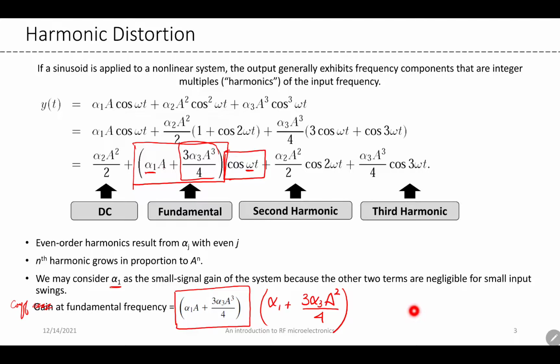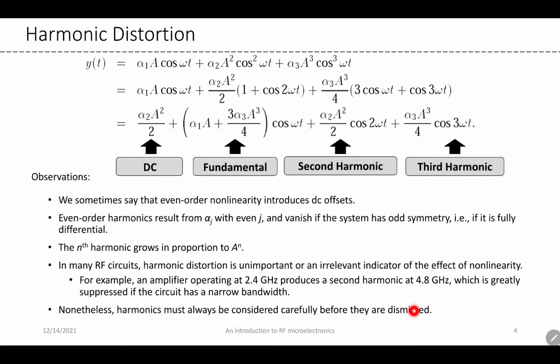So you take this alpha out, so a cos omega t, and then you take this out, this becomes squared, and then this one becomes your x of t. Then what remains is the gain, right? So the gain at fundamental, the coefficient is this, but this term would be your gain at fundamental frequency. Okay, let's look at some more observations which we can gather from this.